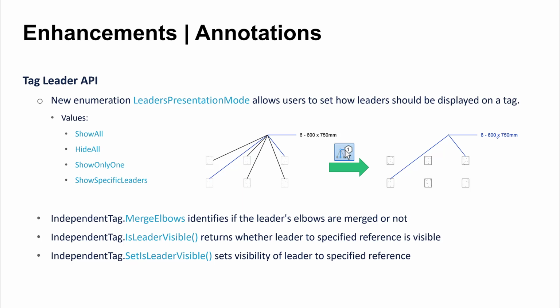Independent tags also now have the ability to merge elbows, so you can actually start to get a slightly different presentation where, rather than having a bunch of completely independent leaders, we also have the ability to define whether a specific leader is visible, and set whether that leader is visible.